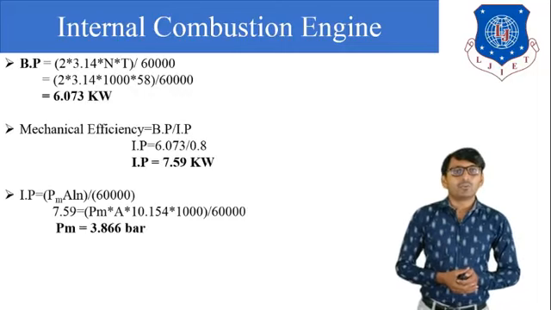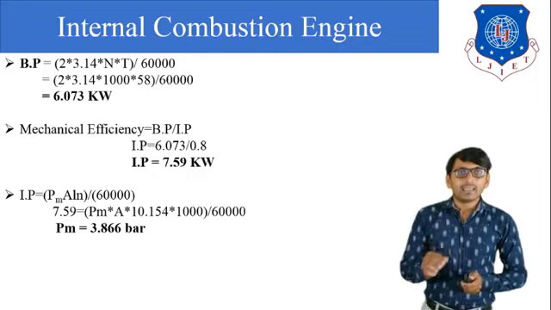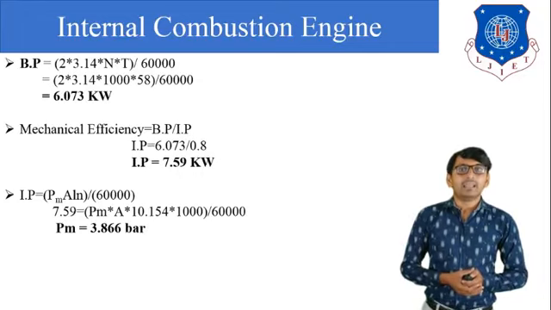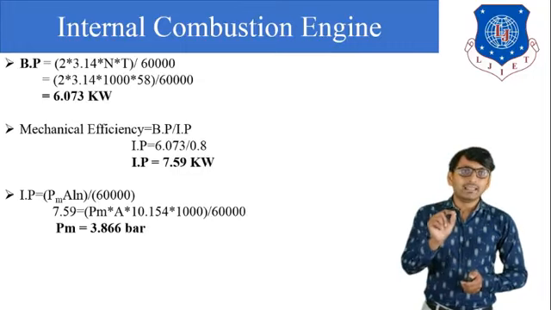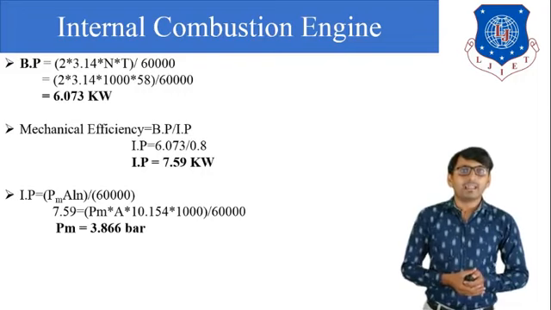Now third one, formula of indicated power, we know that PM A L small n divided by 60,000. So by putting value of indicated power, then area, that is pi by 4 d square, then L, then small n.